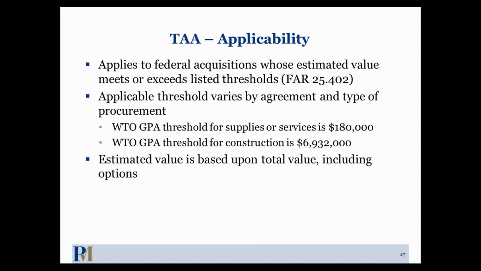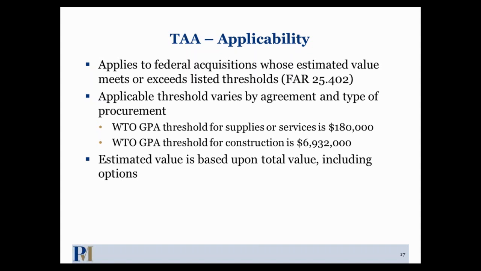For those countries that fall within the WTO GPA, which is many of the ones you might deal with, beyond the U.S., it's Canada, the EU, Hong Kong, Israel, Japan, and others. The dollar threshold is 180,000 for supplies or services, and a little over 6.9 million for construction. When we're looking at the values here, we're looking at the total value of the contract, including options.